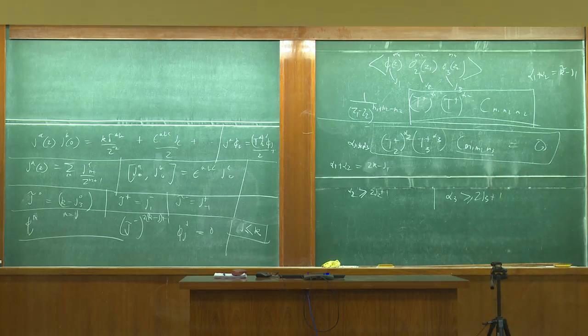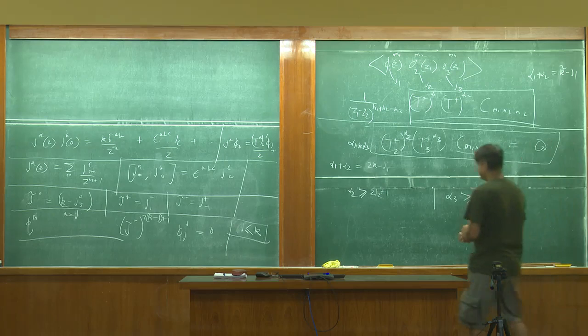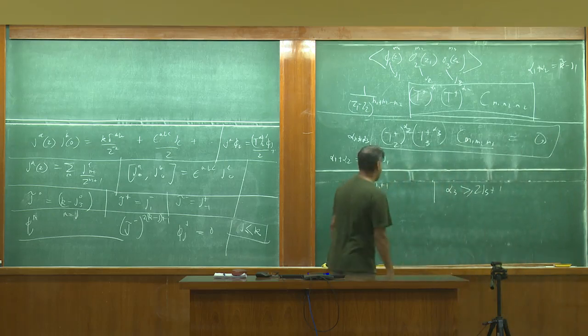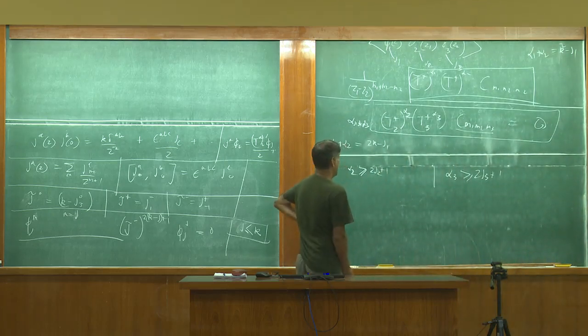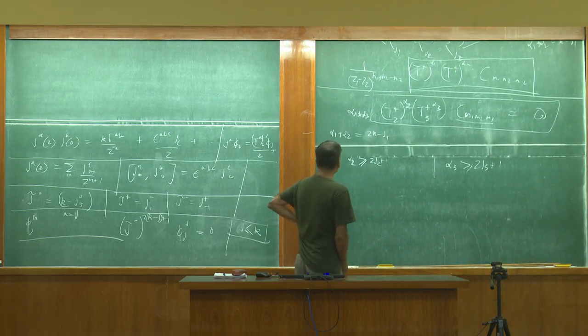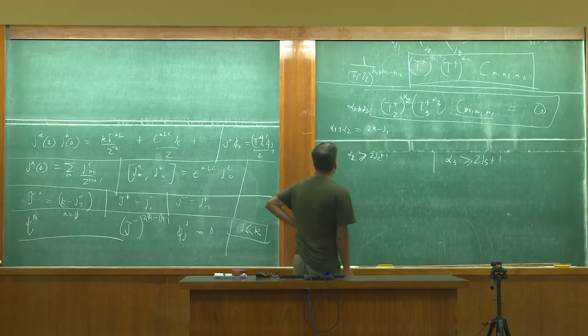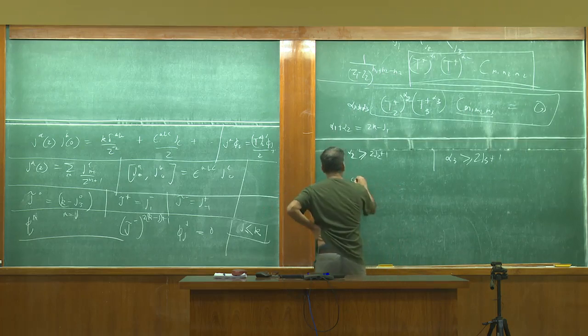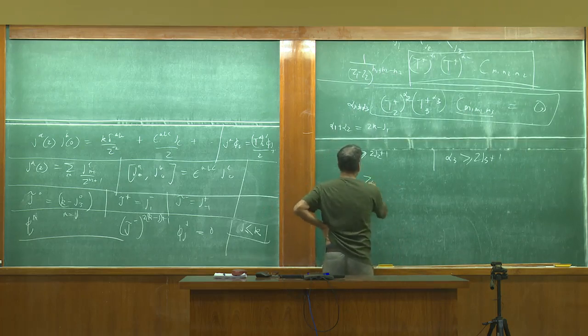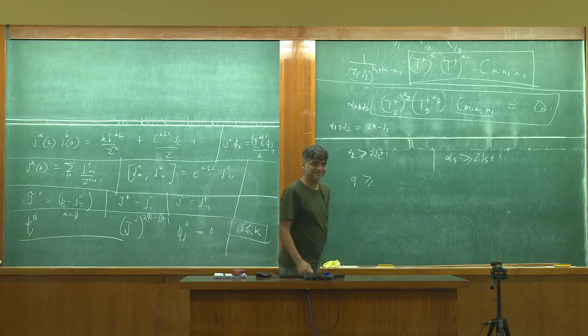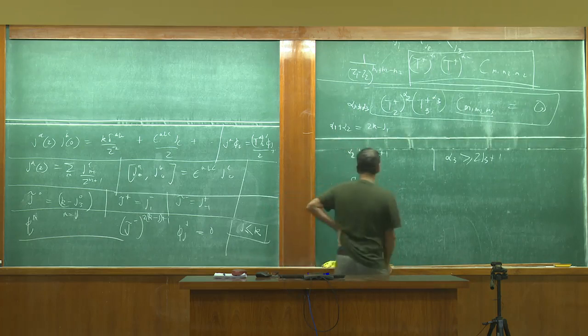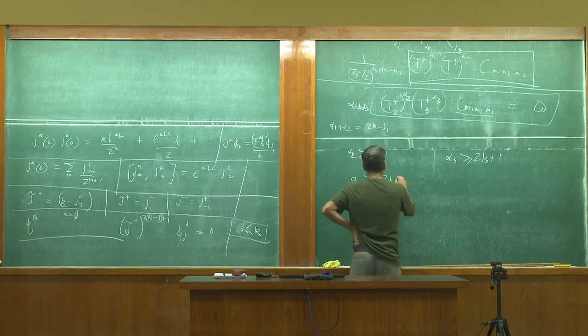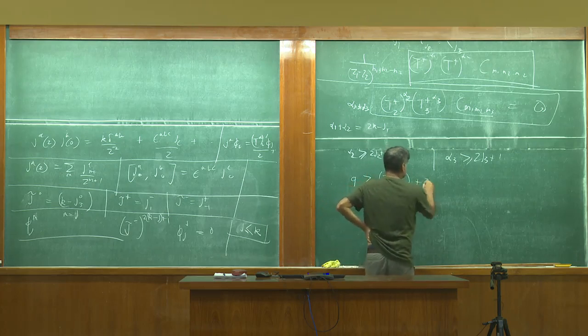Now, suppose that Q was greater than or equal to 2J2 plus 1 plus 2J3 plus 1.